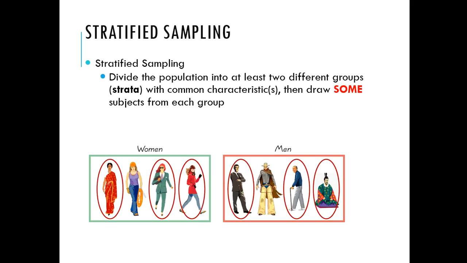With stratified, it can be the same number or the same percentage, because sometimes one group might have more than the other. This is a more representative sample because you are dividing the population by groups and then choosing the same number.